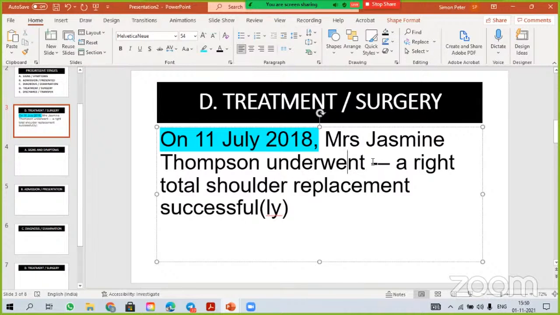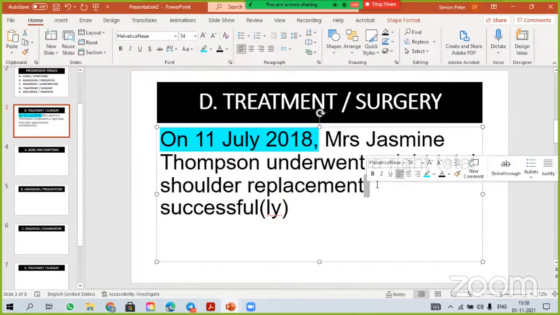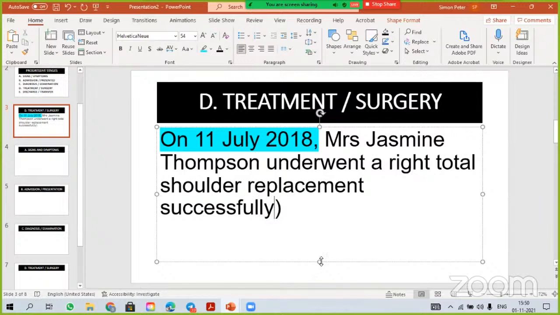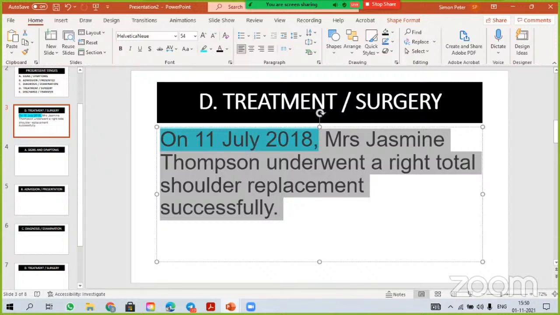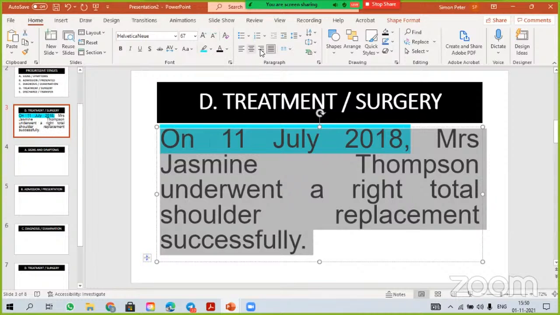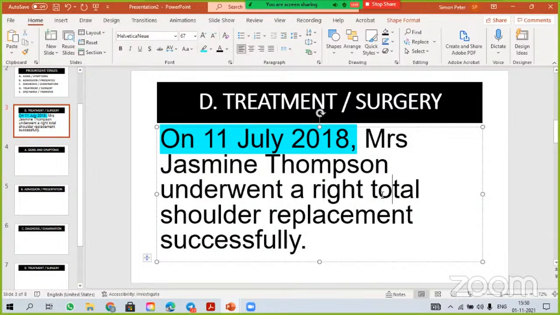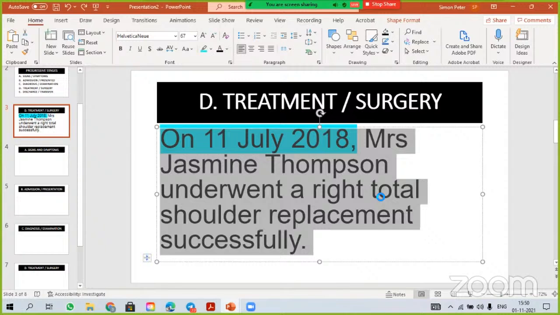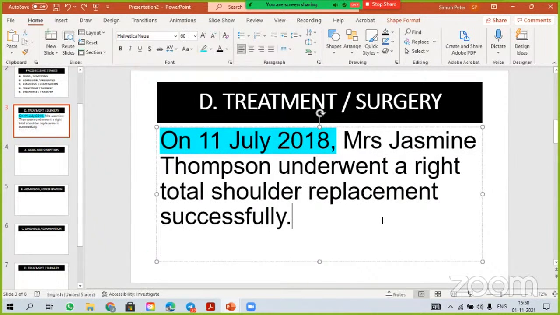Mrs. Jasmine Thompson underwent a right total shoulder replacement successfully. This is one style of writing.